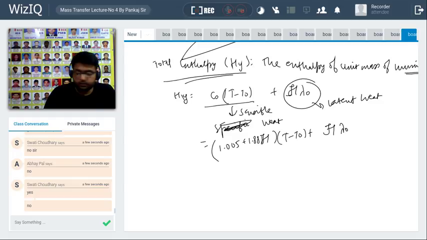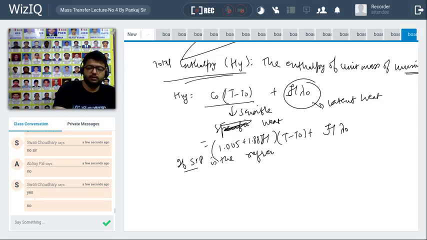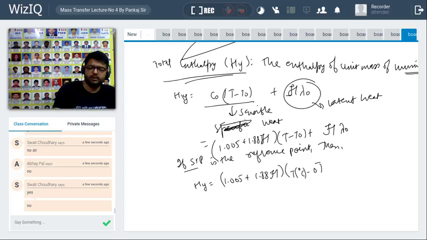Now if 0 degree centigrade or the standard temperature is considered as the reference temperature, if STP is the reference point, then the value of Hy will become (1.005 plus 1.88 into H) into T, we can take either Kelvin or degree centigrade, it doesn't matter because we are differentiating the two things, plus 2501.4, or it is sometimes written as 2500.